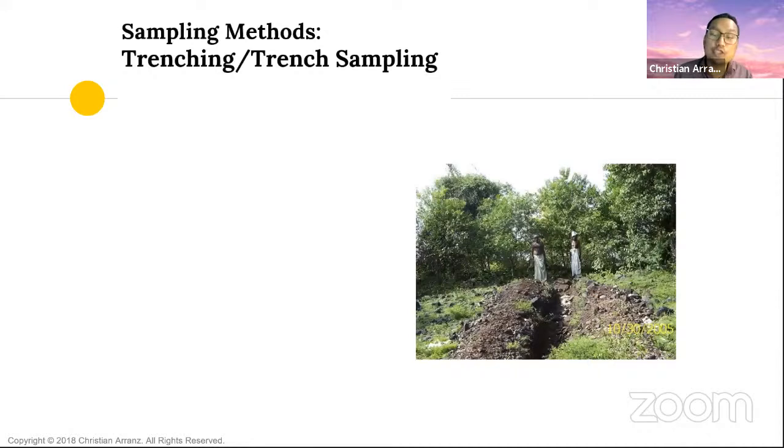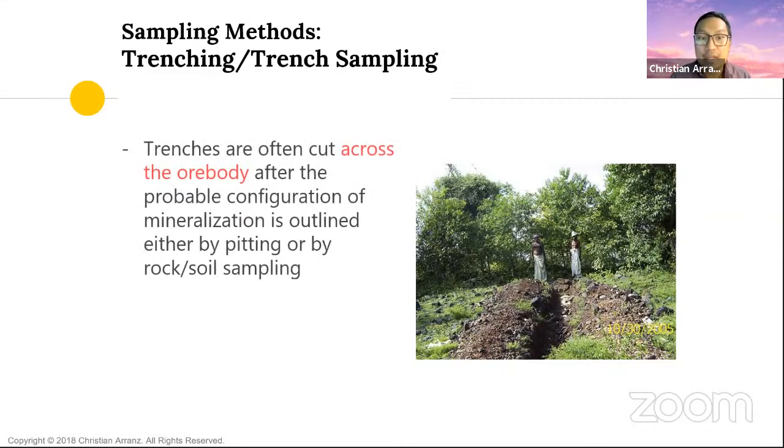We also have trenching or trench sampling. Okay, kung yung pits ay more of uniform yung dimensions, trench or trench sampling would have very long dimensions. Okay, so kaya trench. They would often cut across the ore body. That's relatively shallow din ito ginagawa.